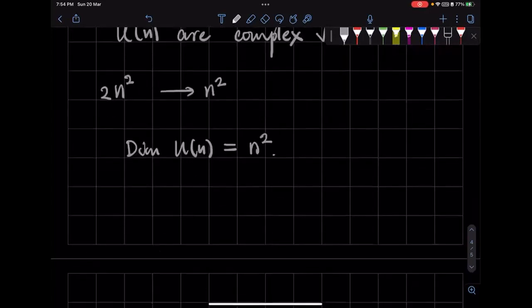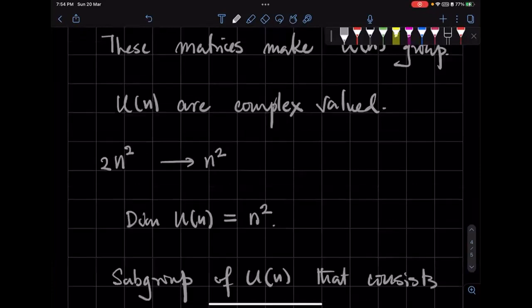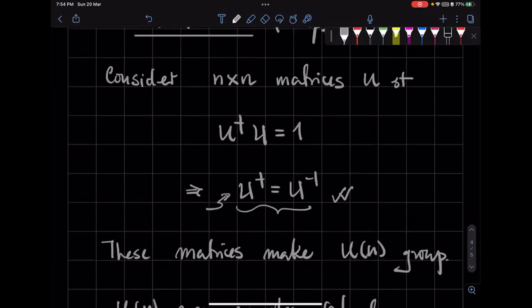Now, if I look at the subgroup of UN that consists of all the unitary matrices, by the way, this property is called unitarity, so U stands for unitary.